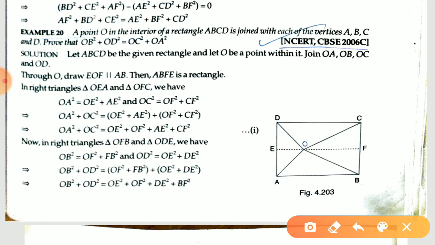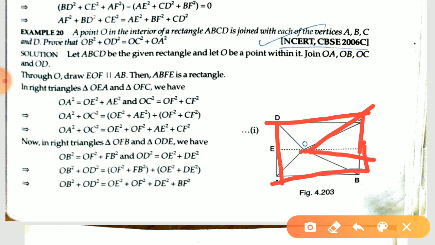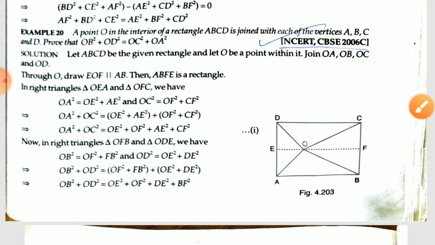Here the figure is drawn, that is, ABCD is a rectangle and O is the point and it is joined with all the vertices of the rectangle ABCD. Then we have to prove that OB square plus OD square is equal to OC square plus OA square.